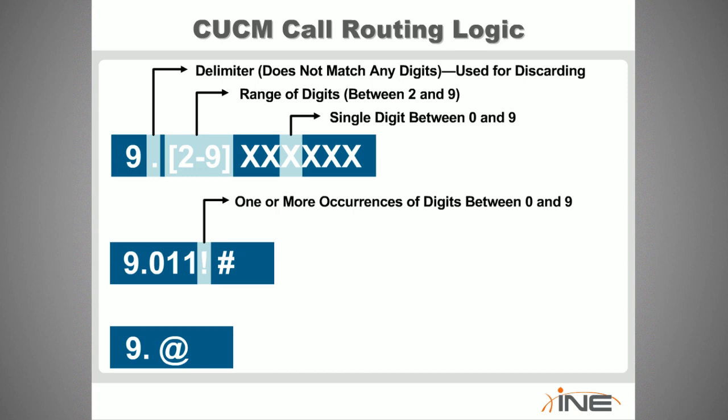That bang or exclamation has to match at least a minimum of one digit before it's satisfied. But it can also match an infinite number of digits, anything beyond or including 1. And next, the hash symbol is typically used to avoid interdigit timeout, but it can also be a dialable digit.